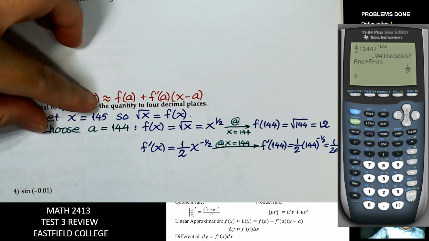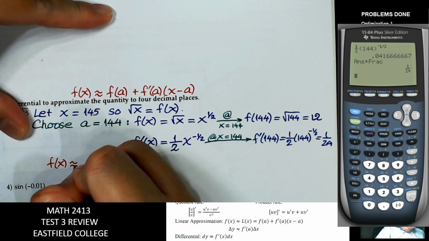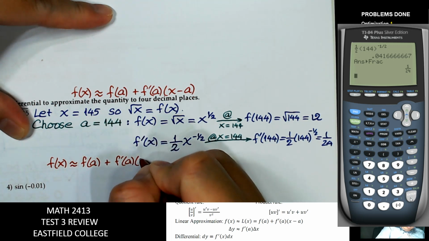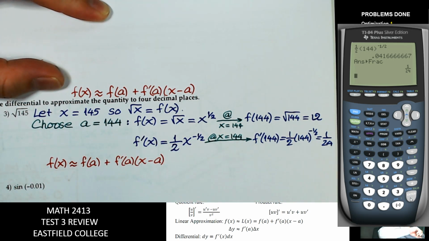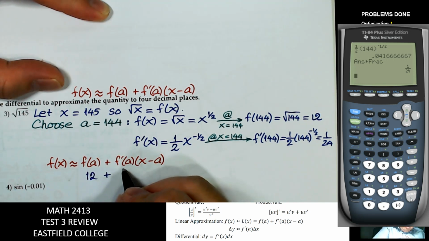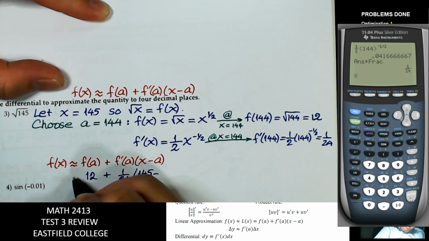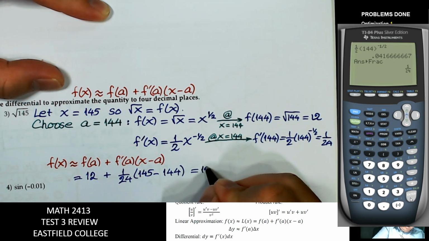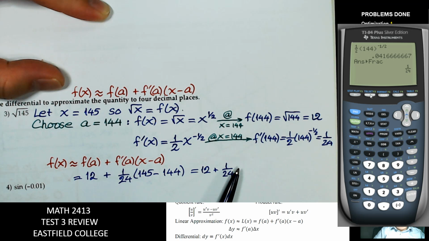And then finally we put it into the formula. So the value is 12 plus the derivative 1/24 times x, which is 145, minus 144. So pretty much we have 12 plus 1/24.